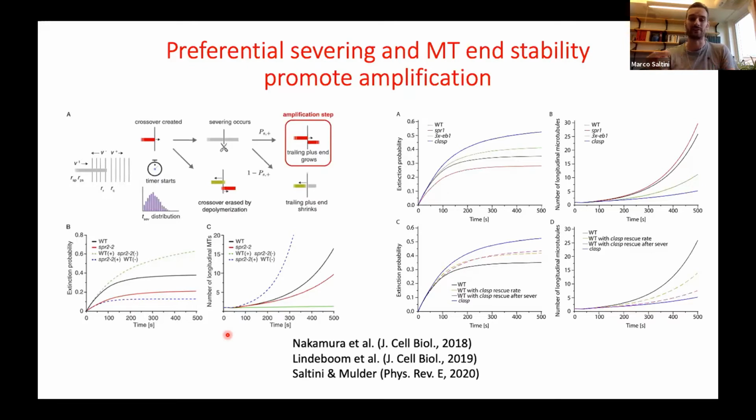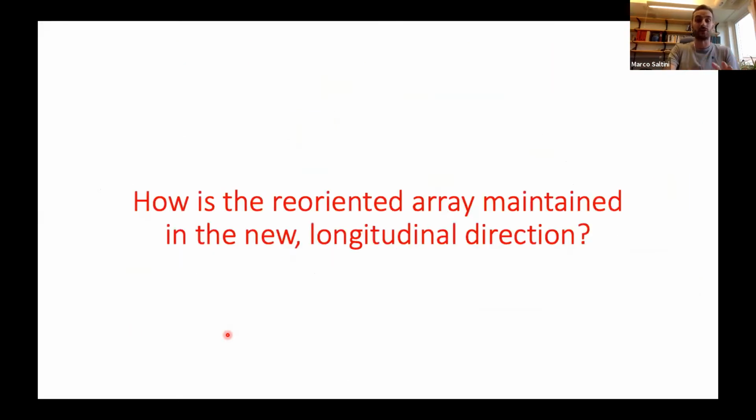Why don't we have a redistribution of tubulin between these two arrays, such that eventually we end up, for example, in an isotropic condition in which we have microtubules oriented in all directions? Or why don't we have cycles between longitudinal polymerization and transverse polymerization? And this is pretty much the question that we want to address. So how is the reoriented array maintained in the new longitudinal direction for long time scales?